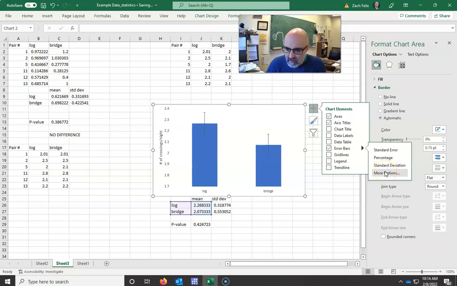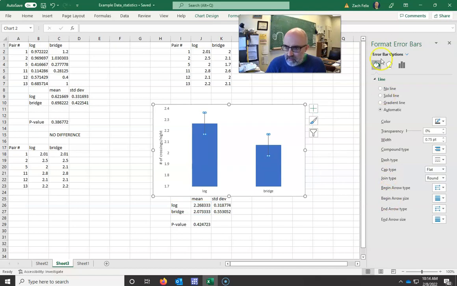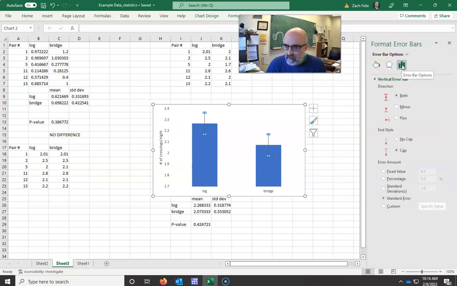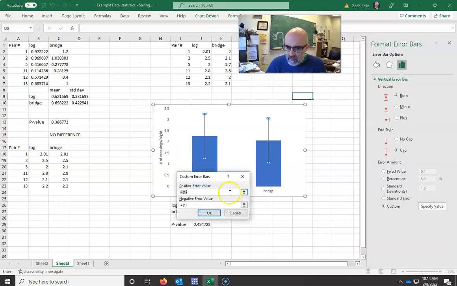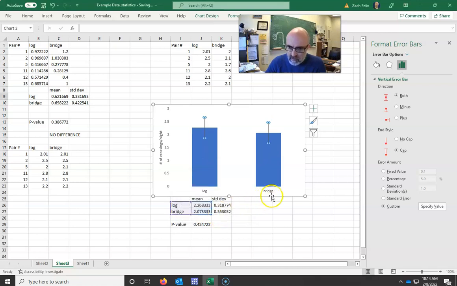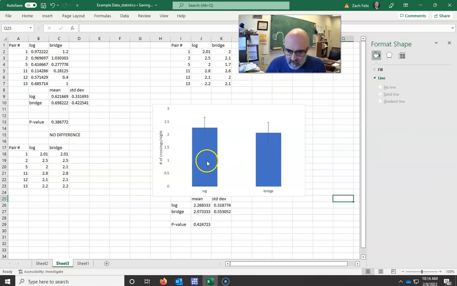So go to more options, and down over on this error bar options, we can do custom. And then I'm just going to shoot for something in the middle of this, 0.4. Okay. And that will get you to your graph.